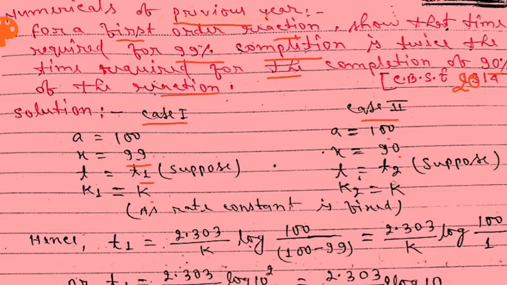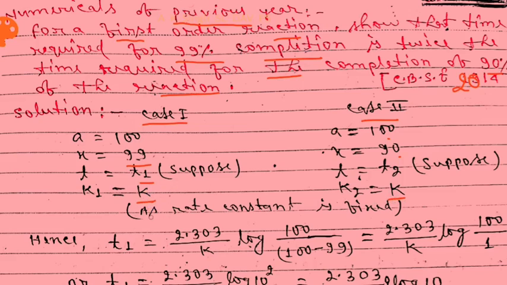The time will differ, so one is t1, the other is t2. But k2 is equal to k. Why k? Because the rate constant of a reaction is fairly constant. So k1 is equal to k and k2 is also equal to k.